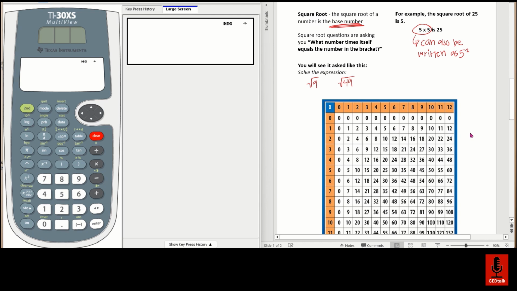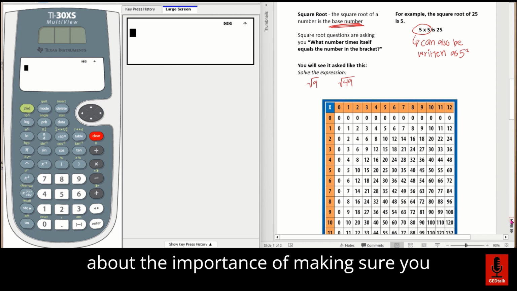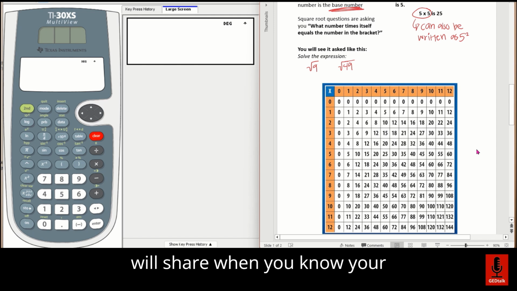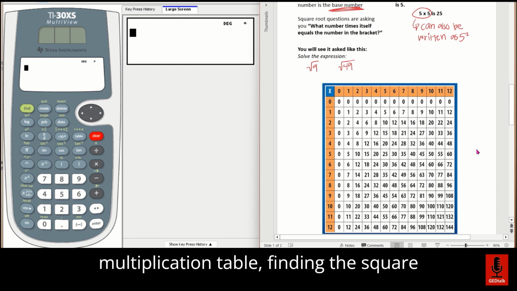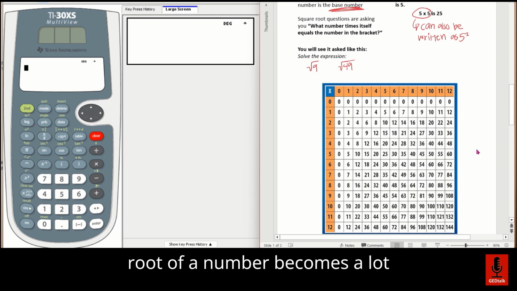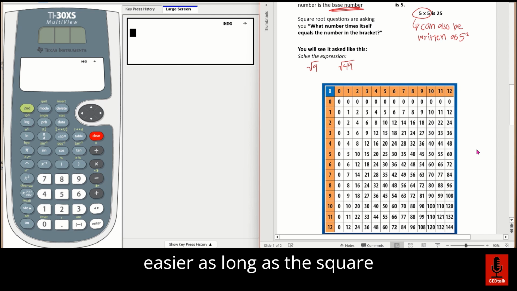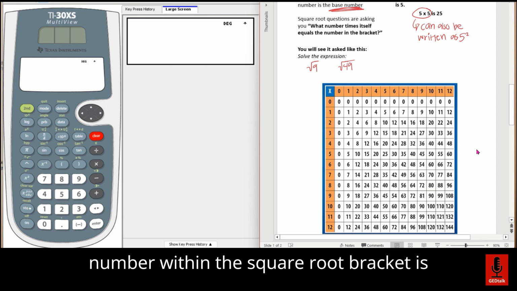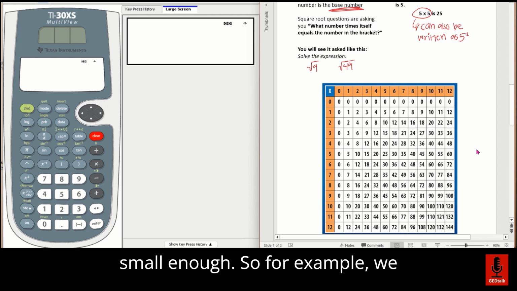So I know I've talked about the importance of making sure you know your multiplication table, but I will share, when you know your multiplication table, finding the square root of a number becomes a lot easier, as long as the number within the square root bracket is small enough.